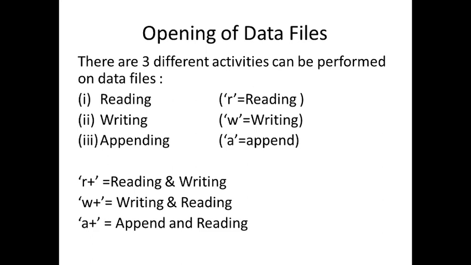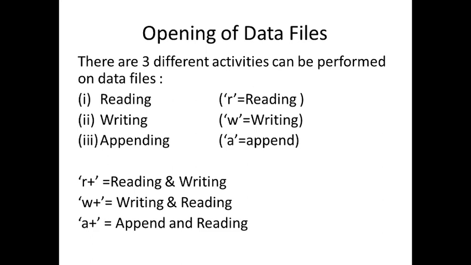Now, how can we open a file? Before discussing how to open, we should know what different operations we can perform on a file. Basically, there are three different operations: first is reading, another is writing, and the third is appending.